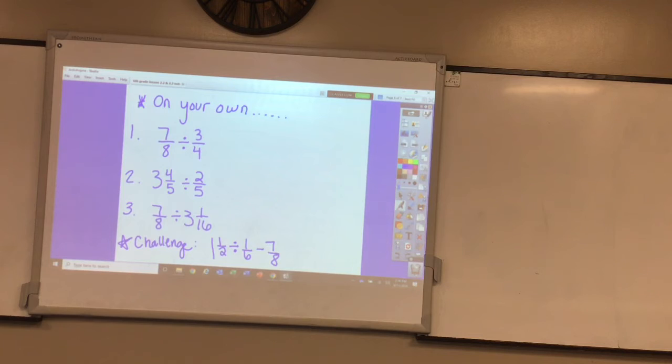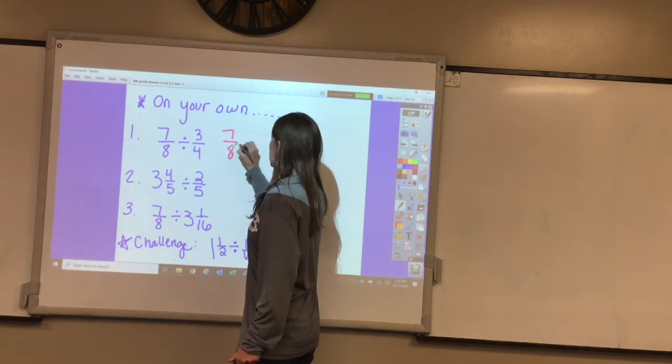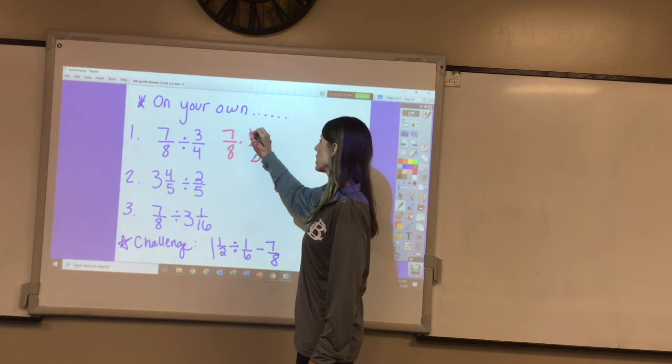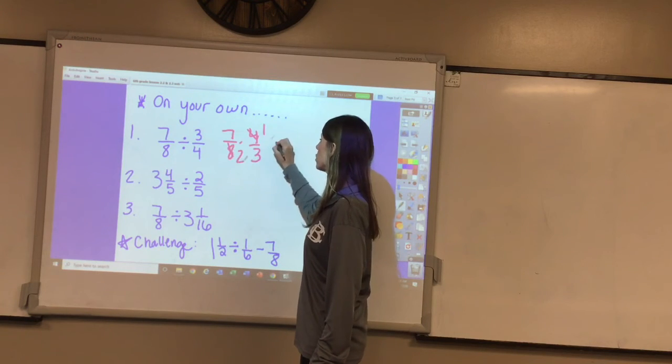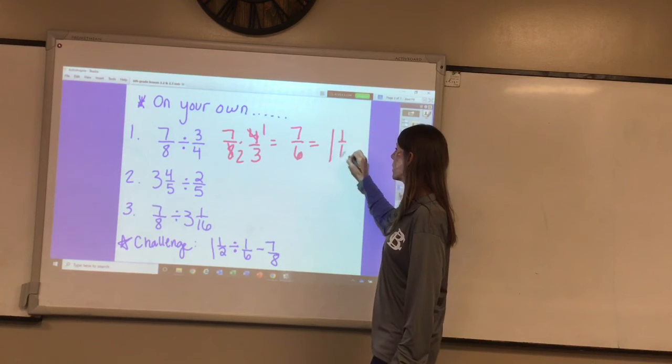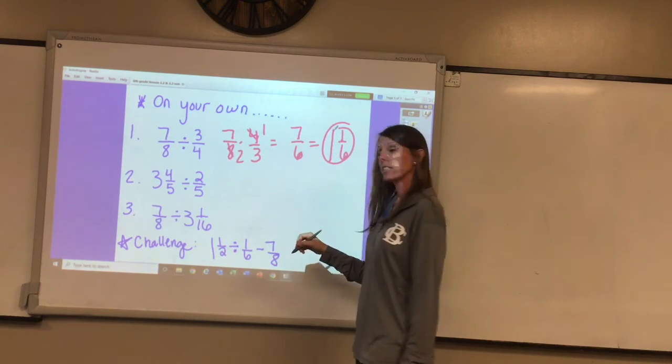Okay, so hopefully you did that on your own and you are ready to check your answers. So let's go ahead with the first one. We would keep, change, flip, so we do 7/8 times 4/3. I can't do anything there, but I can divide both of these by 4, so it'll be a 1 and a 2. So you should have gotten 7 over 6, which is 1 and 1/6. All right, let's look at the second one.